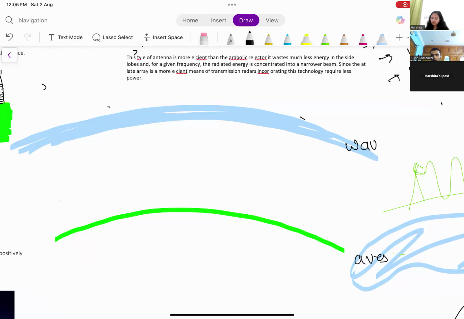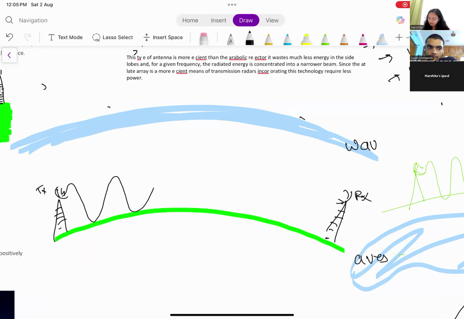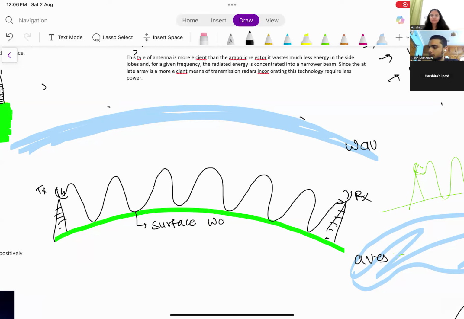Surface waves. There was a transmitter and there was a receiver, and it was using the VLF, LF to MF band. Transmission was like this. This was known as the surface wave. Correct?